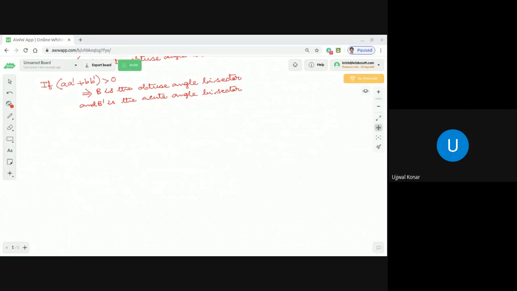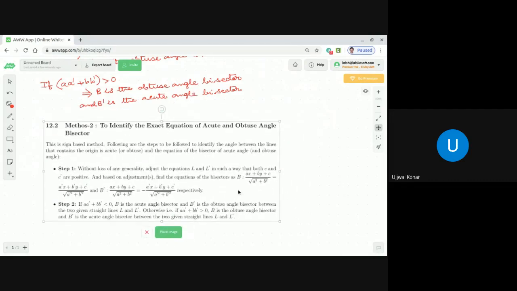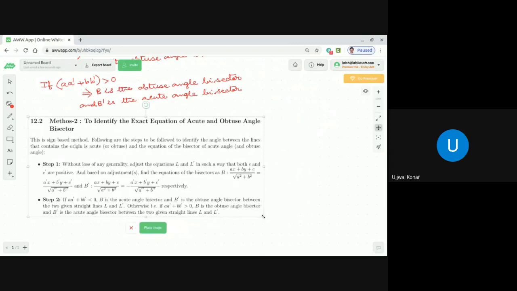So to identify the exact equation of the acute and obtuse angle bisector, this is a sign-based method. That's what I say, it is a sign-based method, because here we are finding the sign of that expression a dash plus b dash, whether it is positive or not negative.